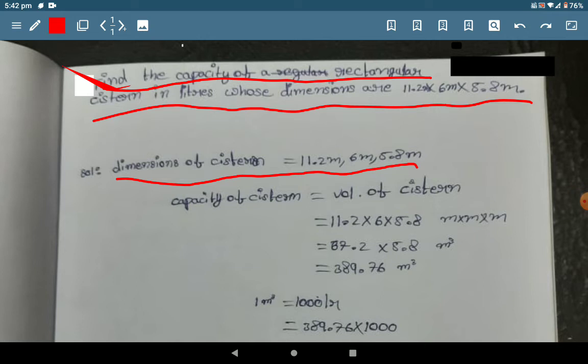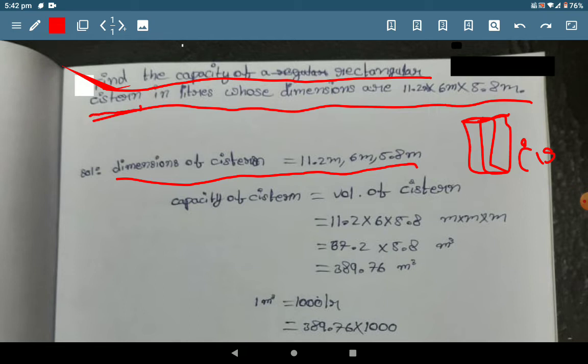So how does the cistern look like? It looks kind of something like this. I can't wrap my head around it. So yeah, it's somewhat like this. This is what we call a cistern. Don't think of it as sister. It is cistern.